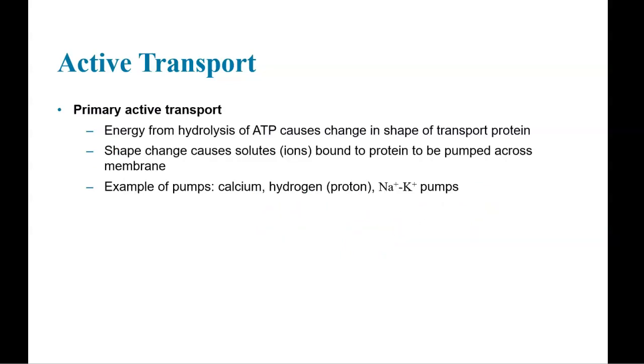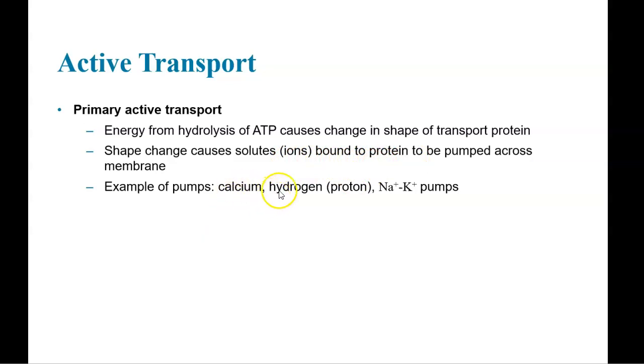In primary active transport, the energy from hydrolysis of ATP causes a change in the shape of the transport protein. And the change in shape is going to cause the solutes that bind to the protein to be pumped across the membrane.